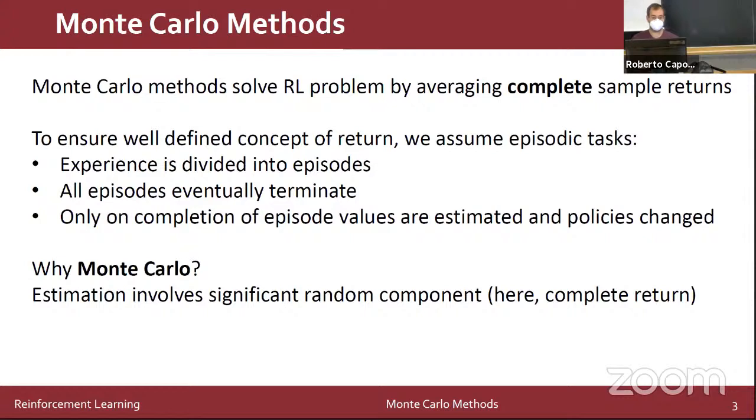As we have seen for bandits, we just sample rewards and average them. Now we'll do the same thing in the Monte Carlo setting, where we sample returns, complete returns. So the agent starts from the initial state, follows some policy, and generates a trajectory until a termination flag becomes true. This will allow us to compute the return for every state that the agent has traversed.